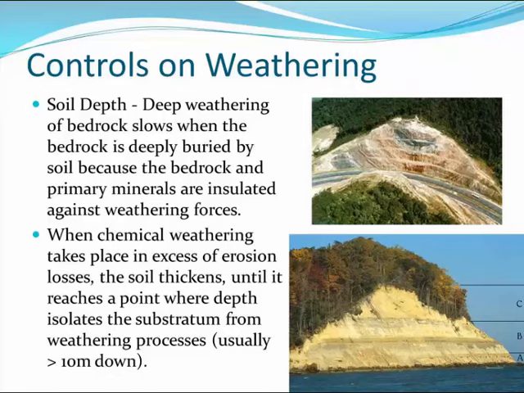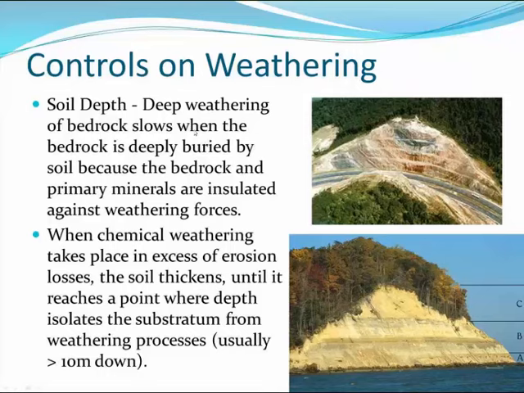Earlier in the slideshow, we showed a list of processes that kind of promote chemical weathering. And you remember how we emphasized that they took place most intensely in the upper 30 centimeters of the soil. We had a picture of a cedar tree with its tree roots exposed and painted so you could see them.